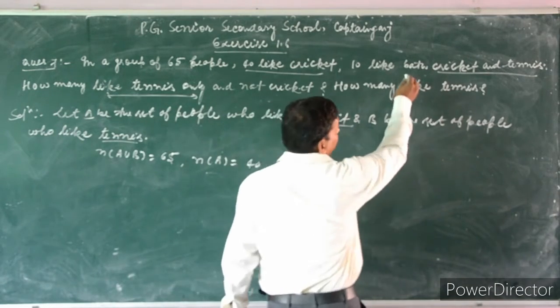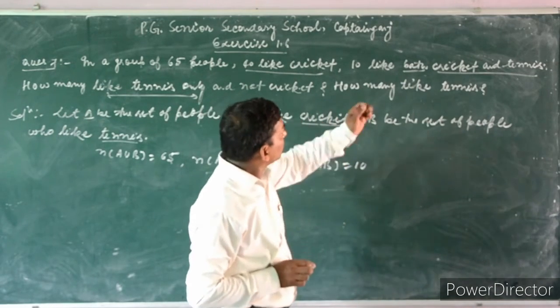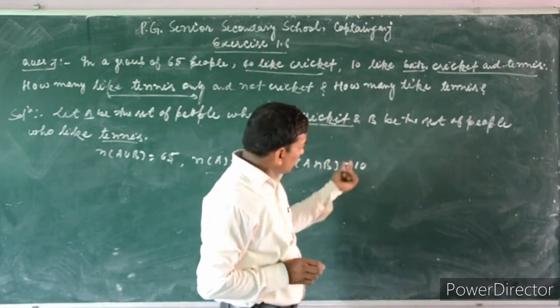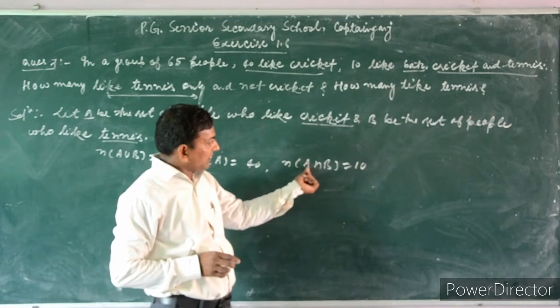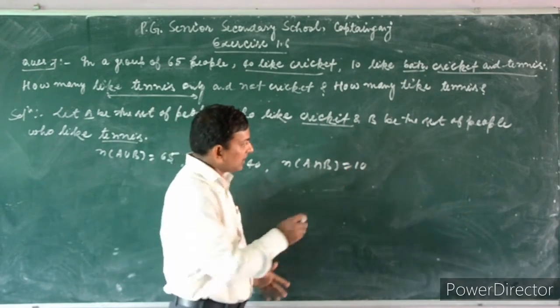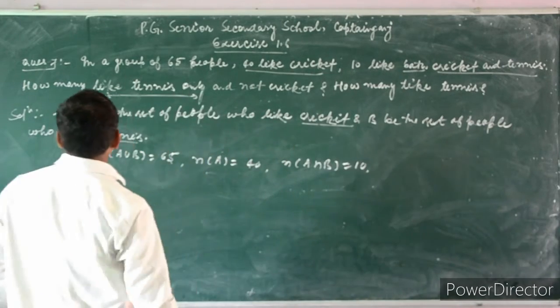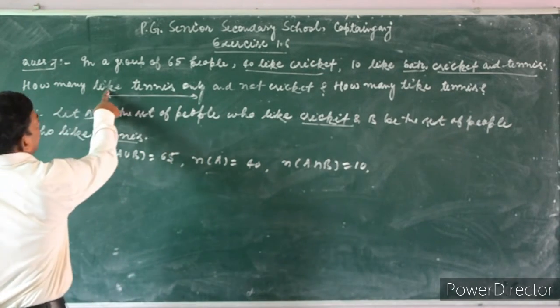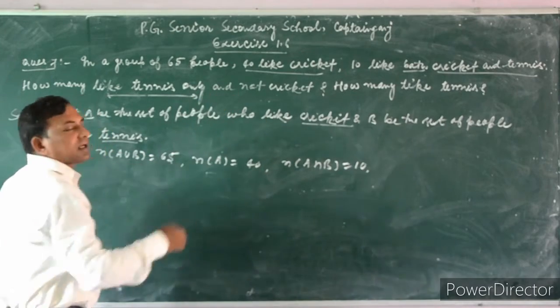Both means combined. The people who like both cricket and tennis means intersection. The cardinal number of A intersection B is equal to 10. We need to find, first, how many like tennis only but not cricket.